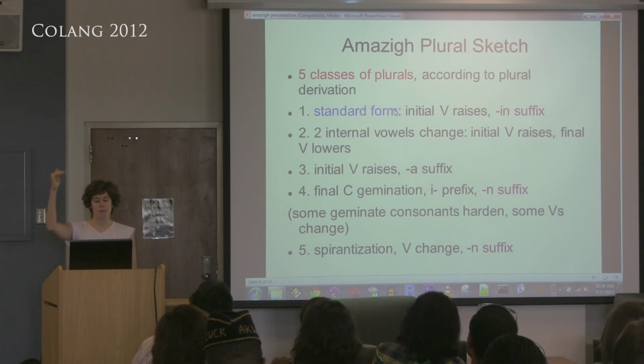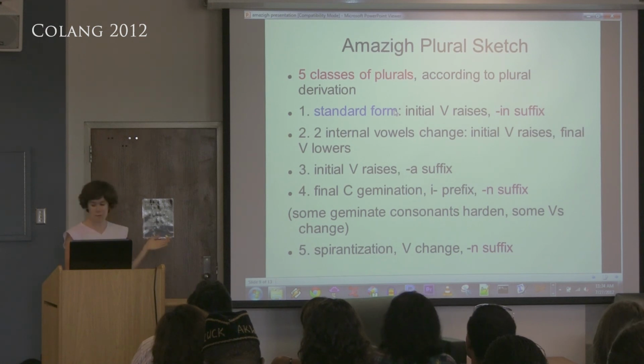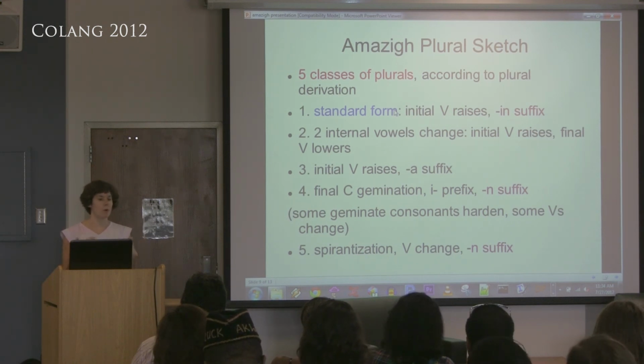The initial vowel raises, and the final vowel lowers. In the third form, the initial vowel raises, but there's an "a" suffix. And in the fourth one, which is kind of interesting, there's gemination with the consonants, plus an I prefix, plus an "un" suffix. Sometimes the geminate consonants harden, and sometimes vowels change. But it's due to a lot of complicated phonological rules and rule ordering. In the fifth, it's emphaticization and vowel change with an "un" suffix.